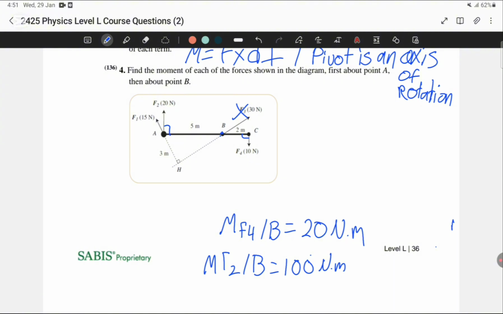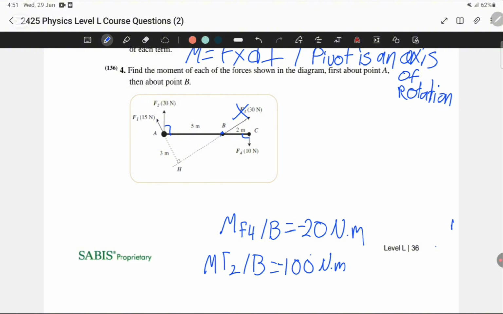For B, it's clockwise, negative. And for force 2, it's negative as well, clockwise. Since look, it's going to be moving like this, clockwise, and it's going to be moving like this, clockwise.